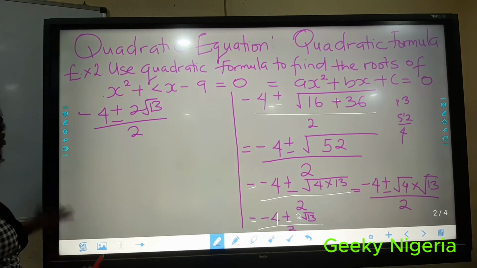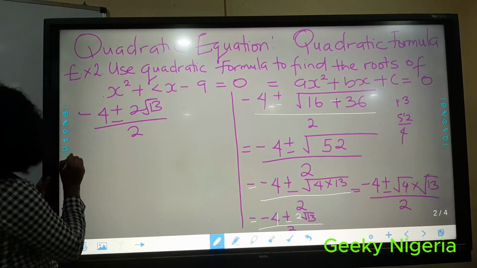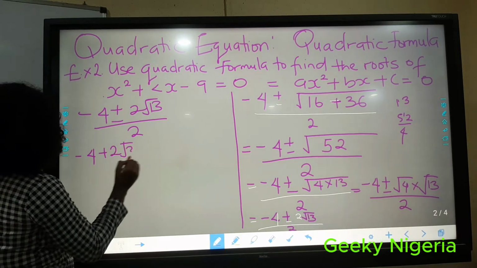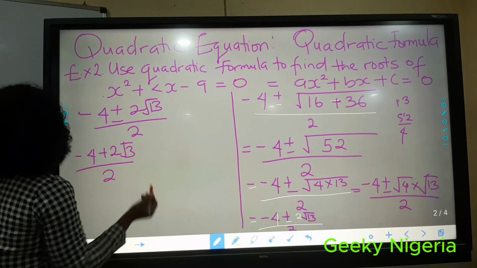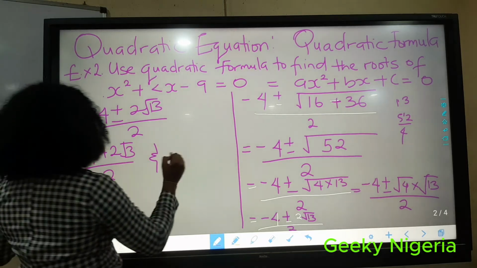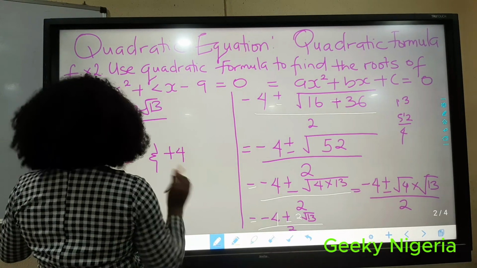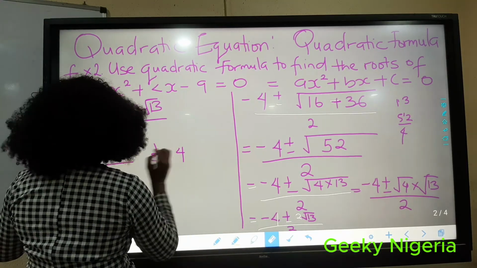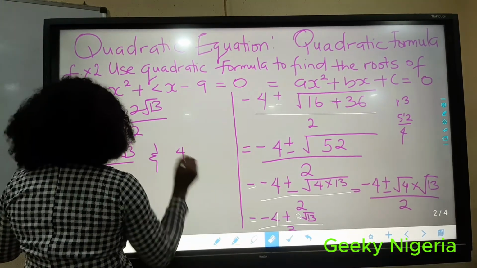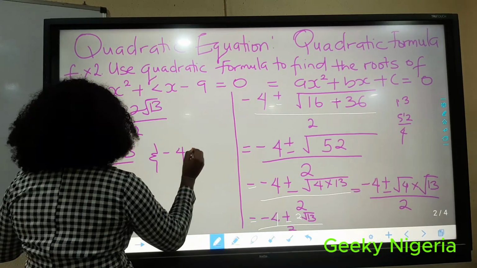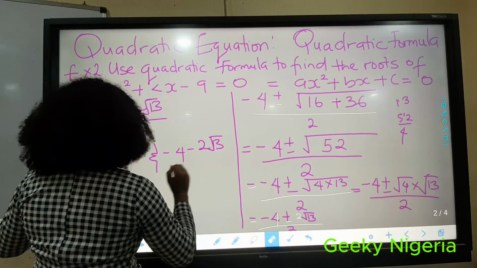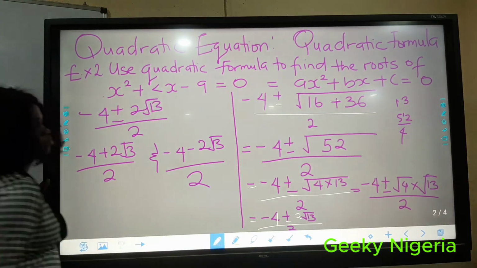So now find the roots. It means our roots are minus 4 plus 2 root 13 all over 2, and minus 4 minus 2 root 13 all over 2.